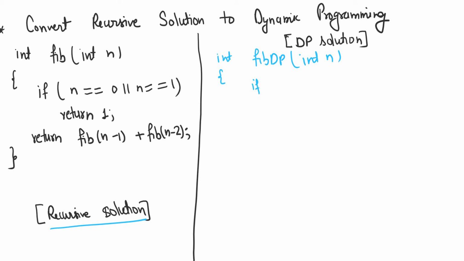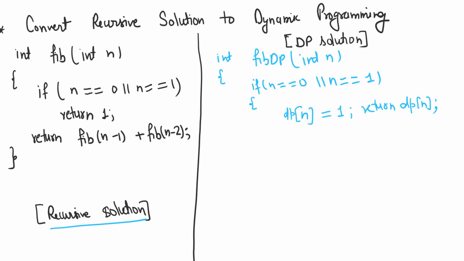If n is equal to 0 or n is equal to 1, I will say dp of n is equal to 1 and return dp of n, which means whenever the base condition is reached, store that value and return it. So here, this is a store.